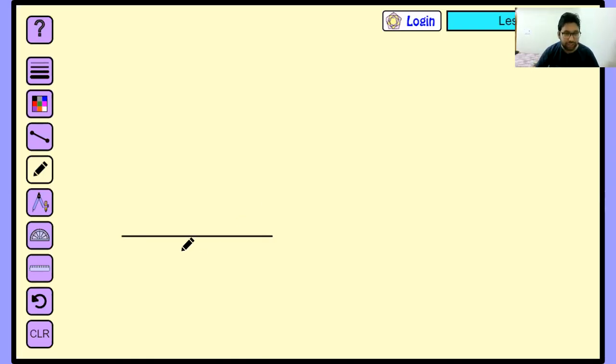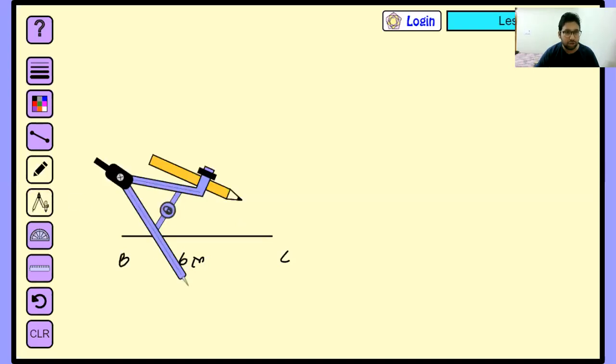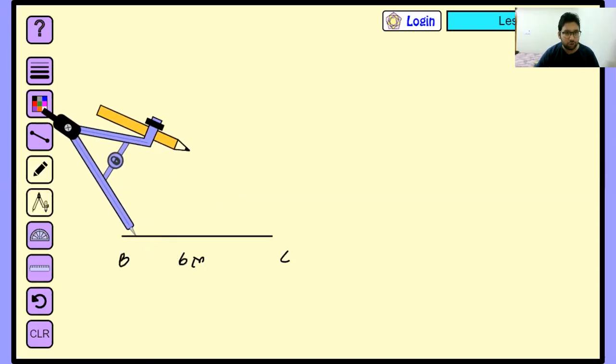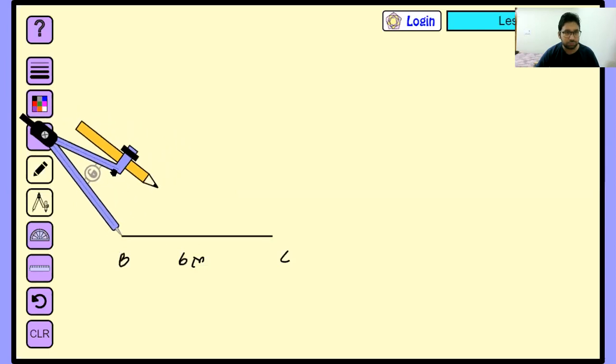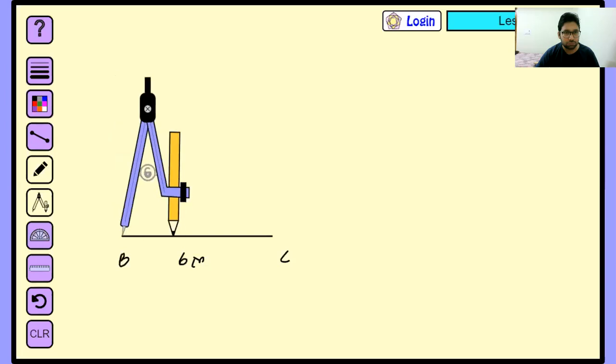Now BC we have got as 6 centimeter, the first step. Then we have to draw angle 60 degrees. So again the same procedure. On point B I will draw the angle 60 degrees.